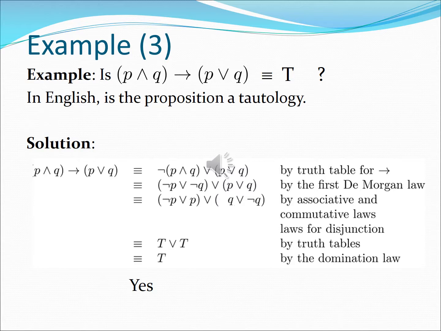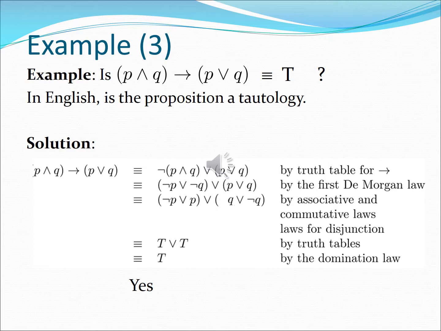In other words, if P and Q, then P or Q. So we want to say that this statement is always true. We also use the same laws from the table that we discussed earlier, and then we can prove that this is always a tautology.